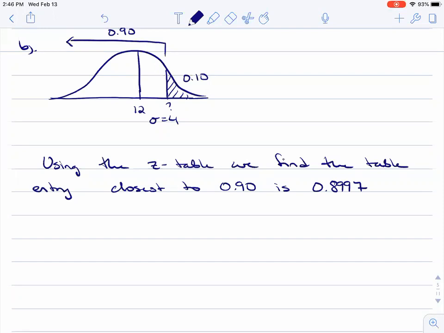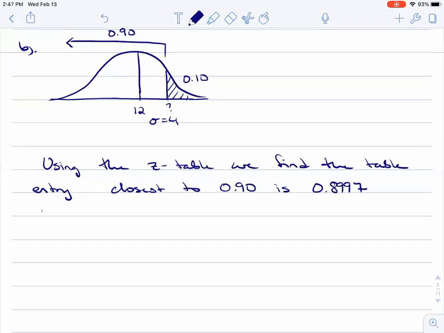This value can be traced back to a Z score. What does it correspond to? 1.28?